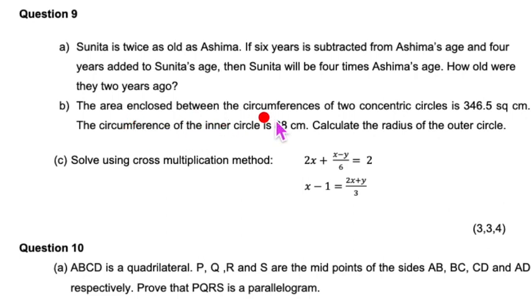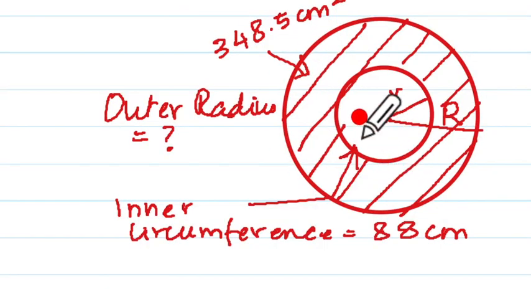The area enclosed between the circumferences of two concentric circles is this much. The circumference of the inner circle is this much. Calculate the radius of the outer circle. Now for something like this, you will need the diagram to begin with. So let us draw the diagram. We'll need a circle. Now this is our diagram.